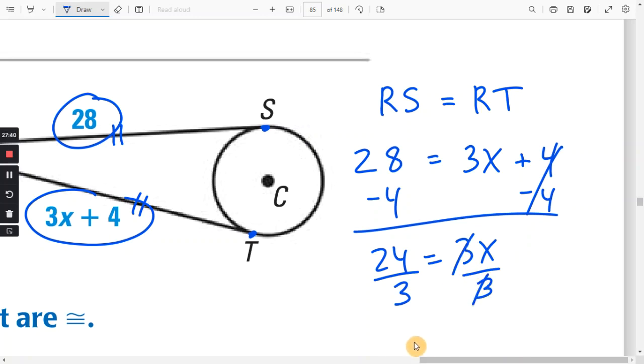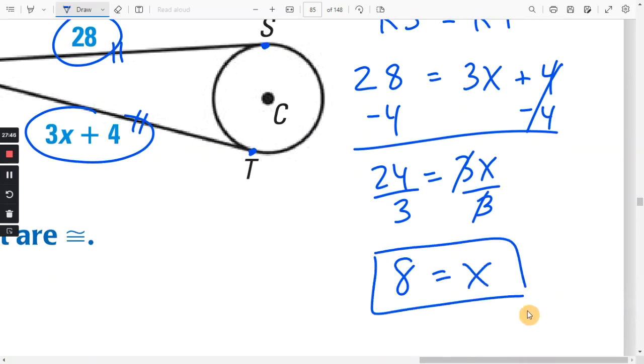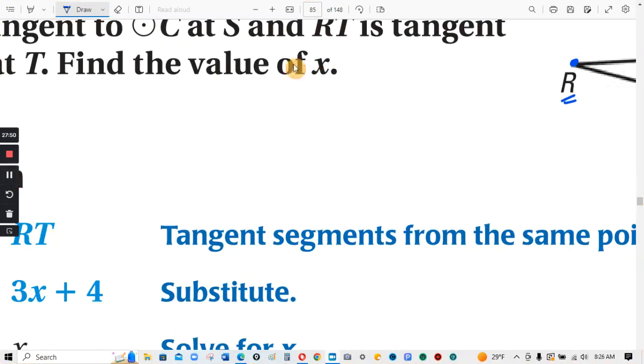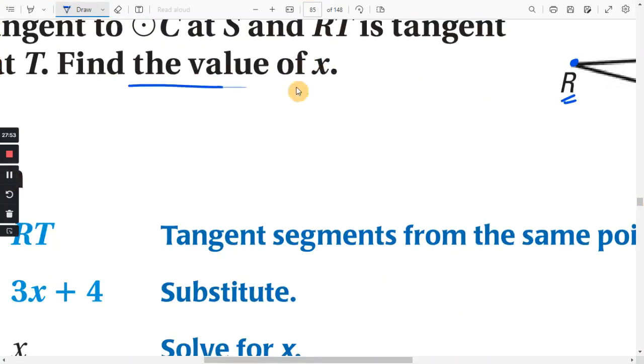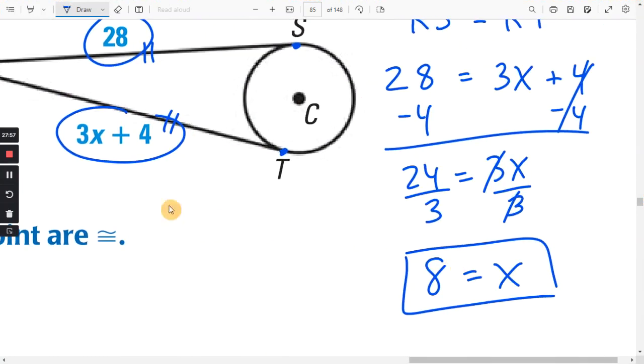Cancels there. 24 divided by 3 is just 8. They only asked us to find the value of x, so that was it. If you wanted to check, you would take the 8 and just plug it in right there. 3 times 8 is 24, plus 4 is 28. So it checks out.